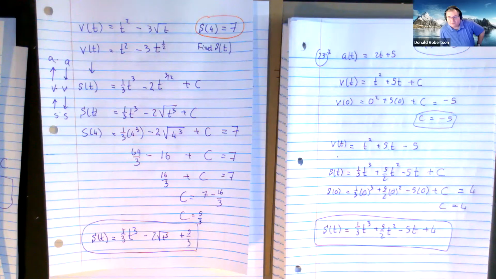What that tells me in physics is that if I know just the acceleration of an object, that's just basically how its velocity is changing through time, and I know its velocity at one point, and I know its position at one point, don't I now know where it is at every point?